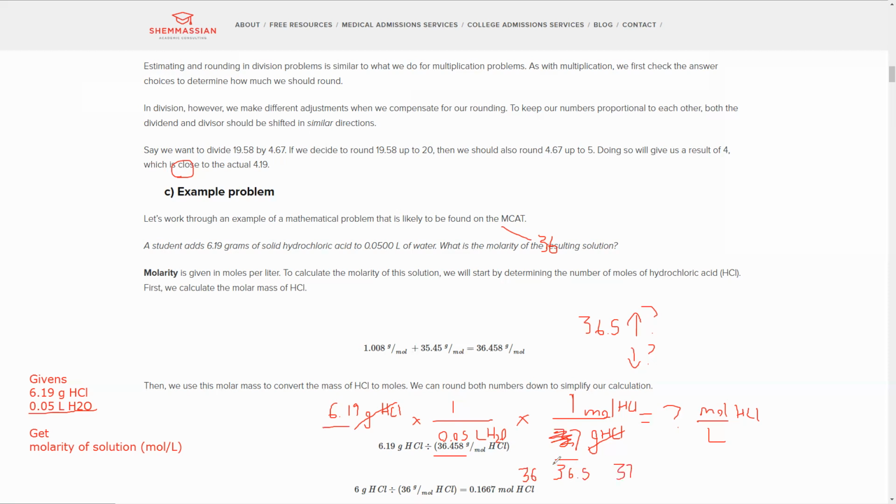And you might be wondering, how do I answer that question? What tells you that is how easy it is to deal with that number. So what I'm noticing is I have a 6 over here, and if I have a 6 being divided by a 36 versus a 6 being divided by a 37, which one would you guys rather have?